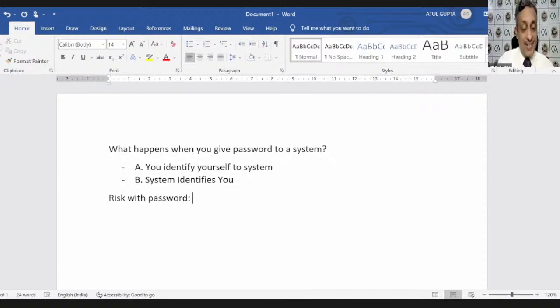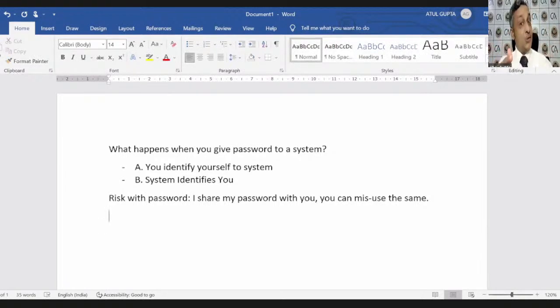If you're clear that the system is identifying you, then the risk with a password is this: if I share my password with you, you can misuse it. Because when you give a password, the system does not identify you, it is identifying the password.